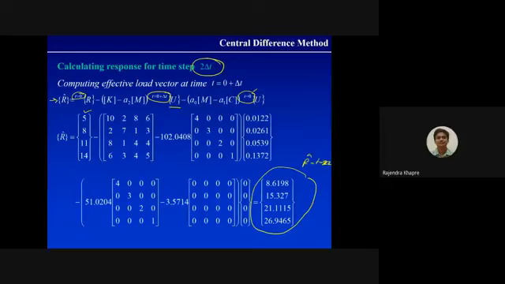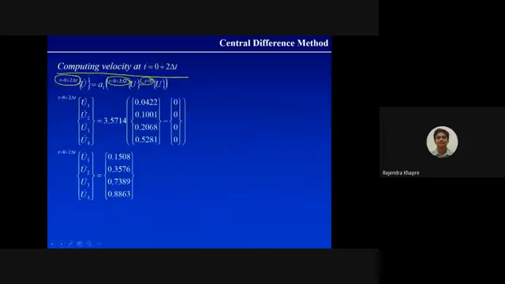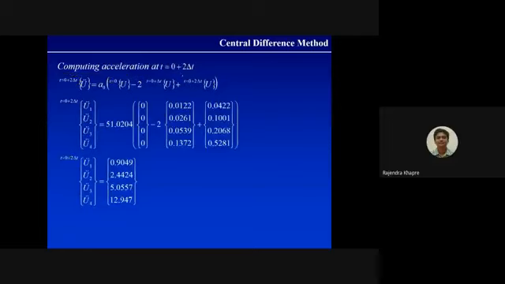So all you have to do is just increase the delta t in the second step, and now this is the velocity at 2 times delta t. Okay, similarly you can get the acceleration at t is equal to 0 plus 2 times delta t. Take the earlier expression, and everywhere you just add delta t one more. Okay, and what you are going to get is the acceleration.